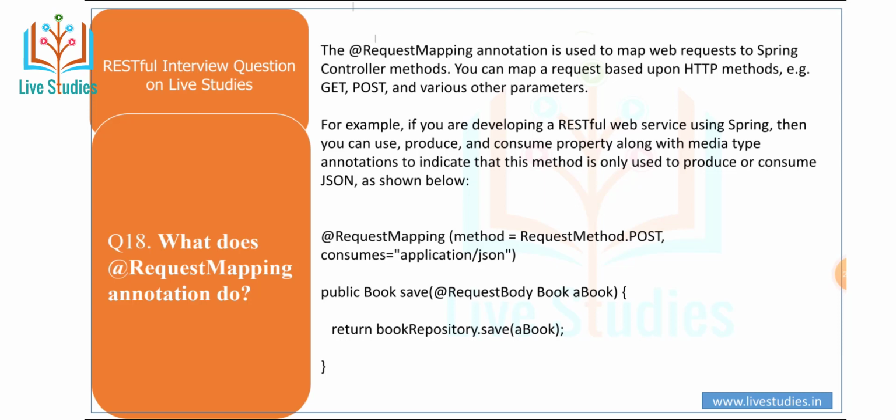For example, if you are developing RESTful web services using Spring, then you can use the produces and consumes properties along with the media type to indicate that the method is only used to produce and consume JSON. For example, @RequestMapping method equals RequestMethod.POST, consumes equals application/json, return bookRepository.save(ebook).